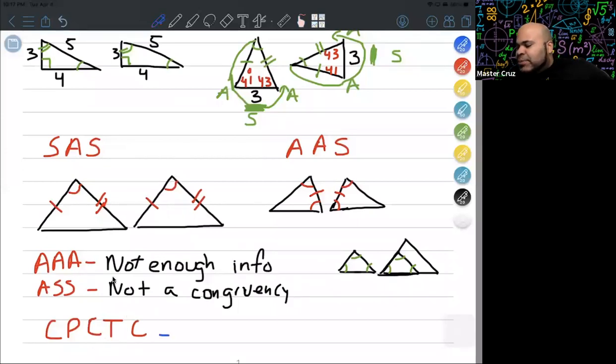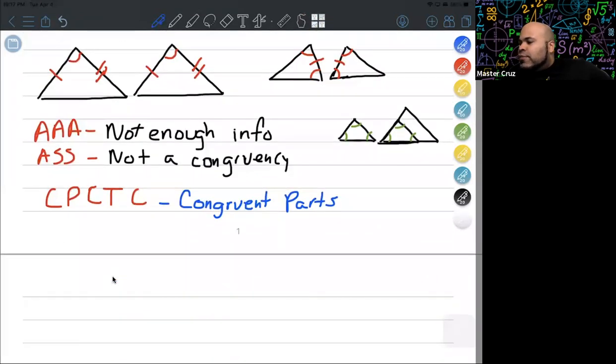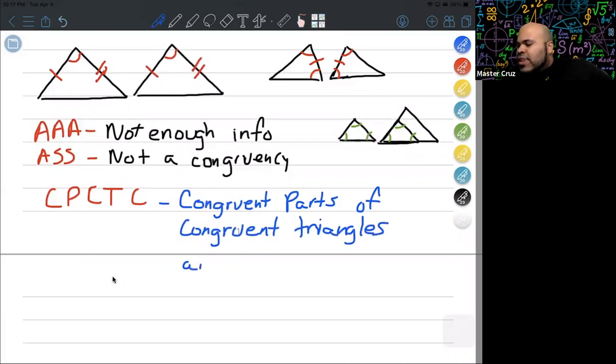I'm going to write it down, please write it down: congruent parts of congruent triangles are congruent. What that means is that if I already know that two triangles are congruent, then all the parts, that means all the sides and all the angles, are the same. They're all congruent, they're all equal.